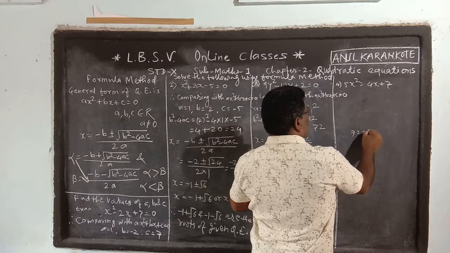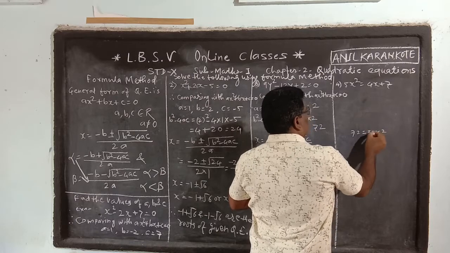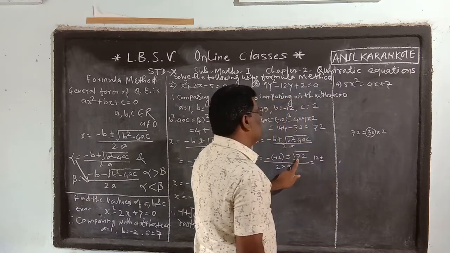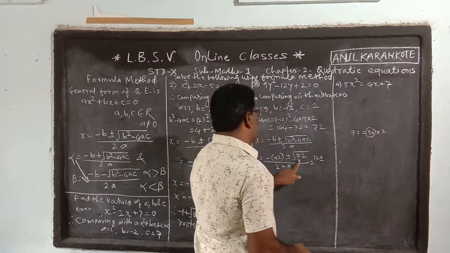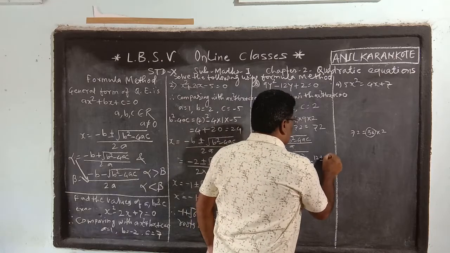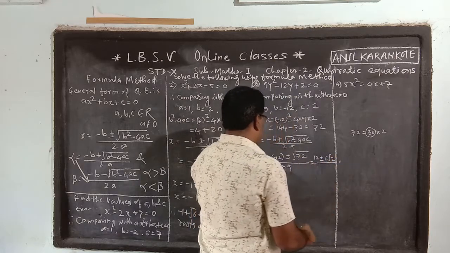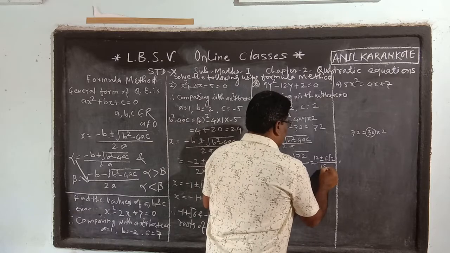Factors of 72 are 36 into 2. 36 is a perfect square number. Its square root is 6. Therefore square root of 72 is equal to 6 under root 2, upon 9 2s are 18.